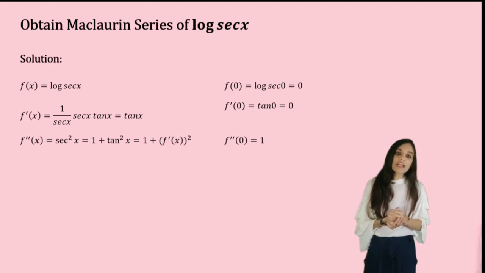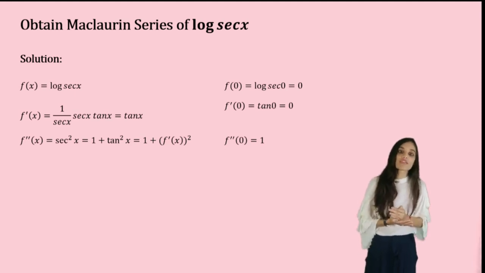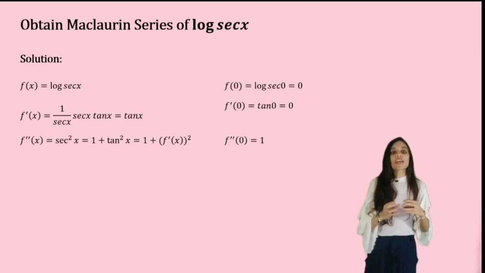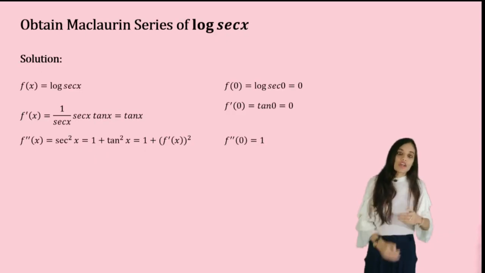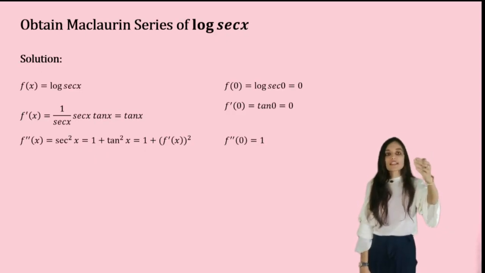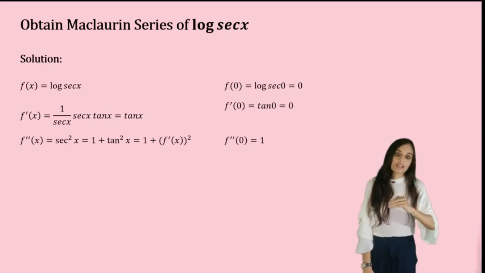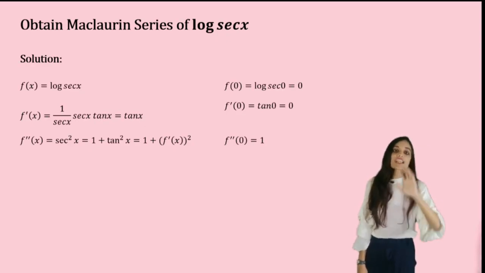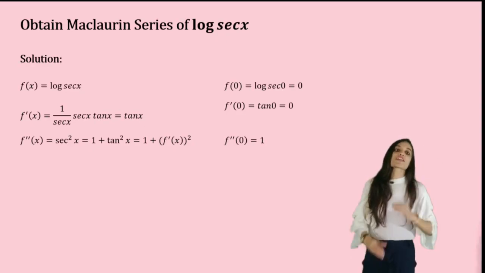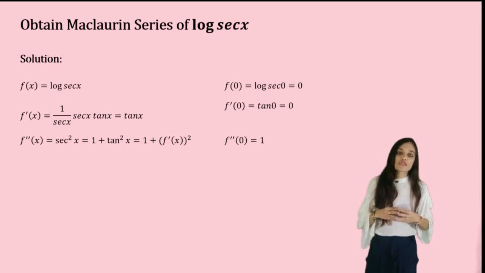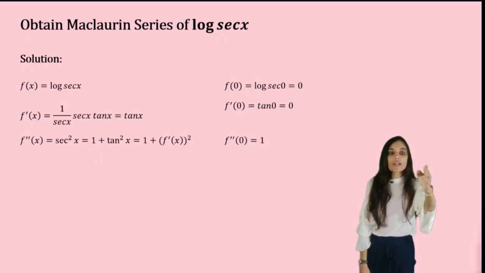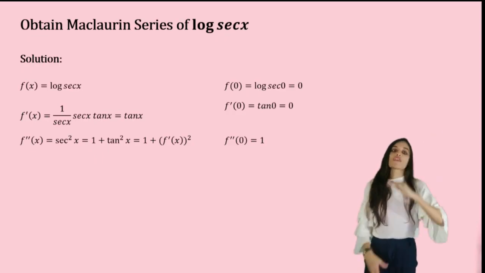Now in order to make our derivative simpler, we will convert this into our f of x and f dash of x terms. So sec square x is equal to 1 plus tan square x. Now we know that tan x is f dash of x, so we will replace it. So finally our second derivative is equal to 1 plus f dash of x whole square.